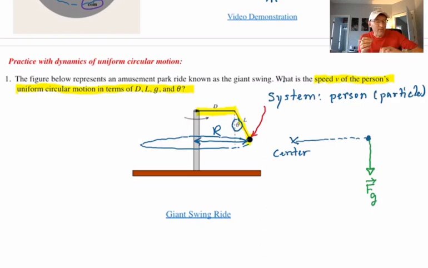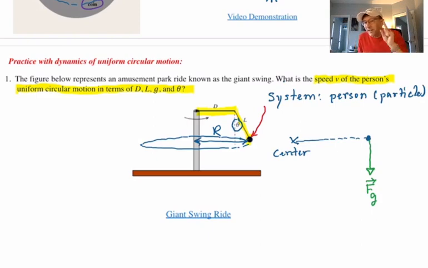And that person-chair combo is not resting on any surface. You see what I'm saying? Unlike, say, the coin that I just talked about, which was resting on the surface of a rotating turntable. This blob at the end of this cable is not resting on any surface. That's what I mean when I say there's no normal force.